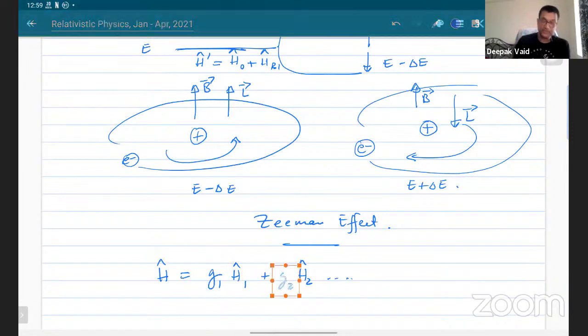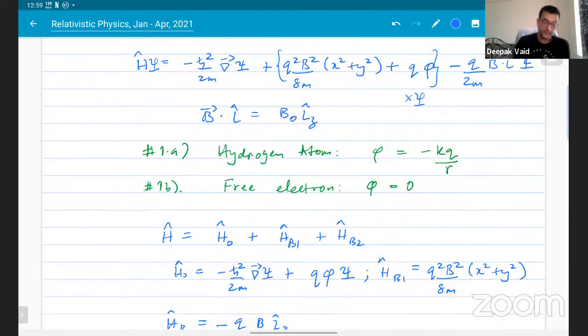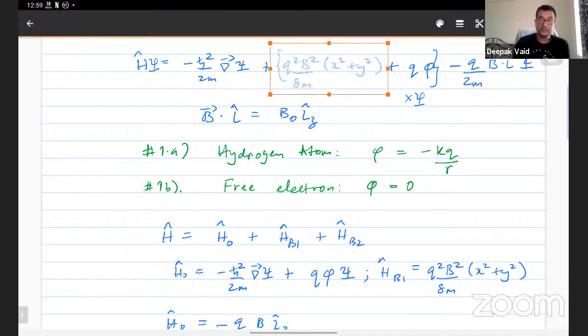And what is G1 and G2? G1 and G2 are some sort of coupling strengths, right? So in this particular case, for instance, what would be the coupling strengths? Well, this would be one of the coupling strengths, right?